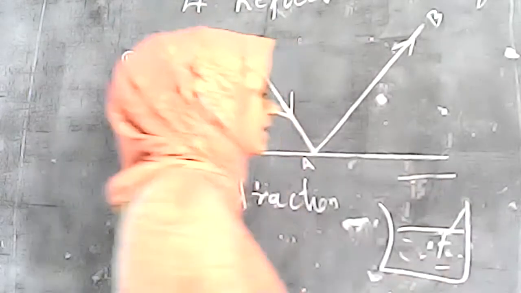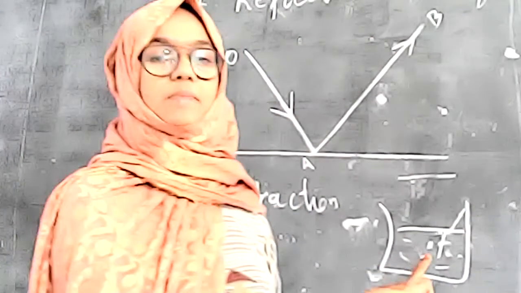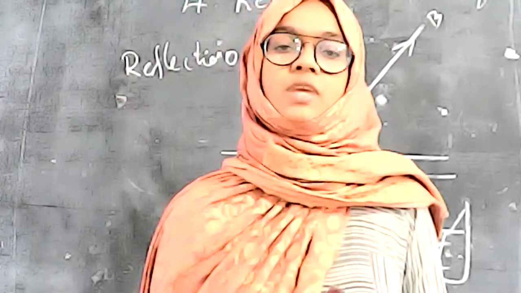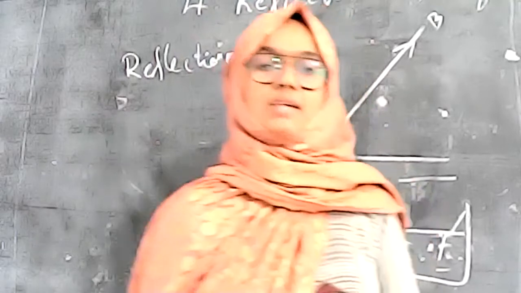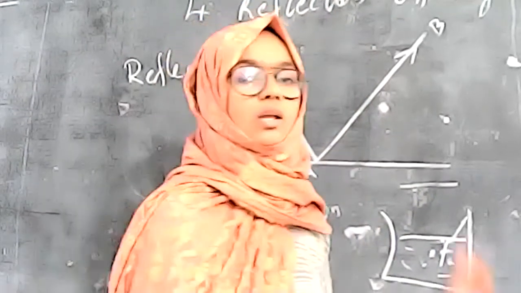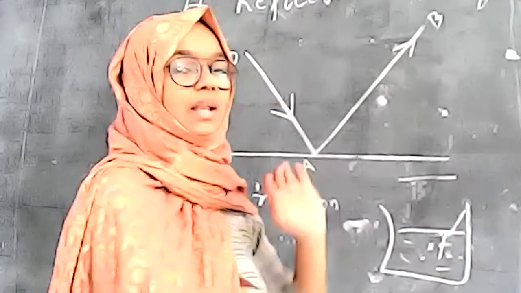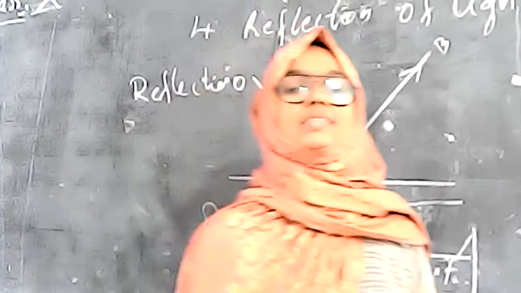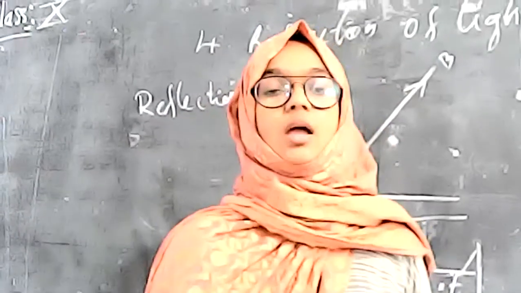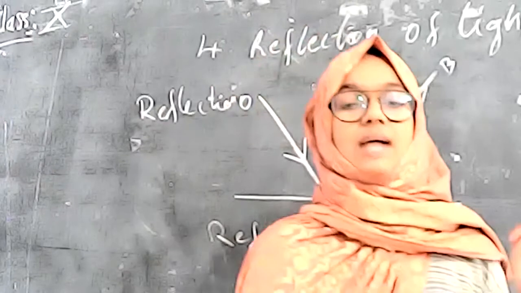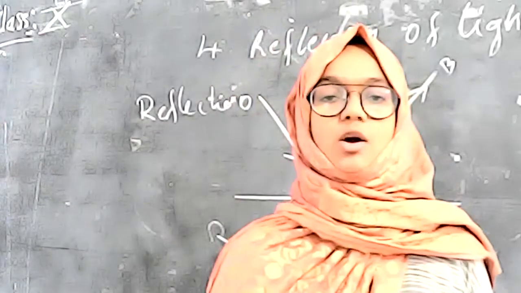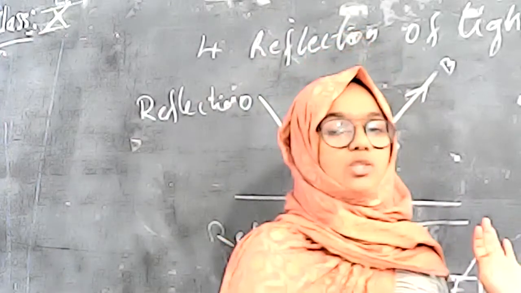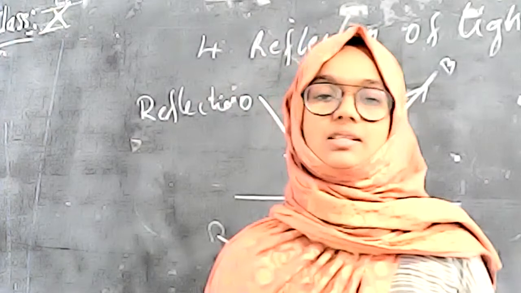The straight pencil goes inside the beaker and we can see a small bending of it. This is due to the refraction of light. The refraction phenomenon is occurring here, and because of it, the pencil shows a small bending. So the bending of light is known as refraction, and the bouncing back of a ray that is incident on a smooth surface is known as reflection. All of you know reflection and refraction because they were learned in the previous classes.